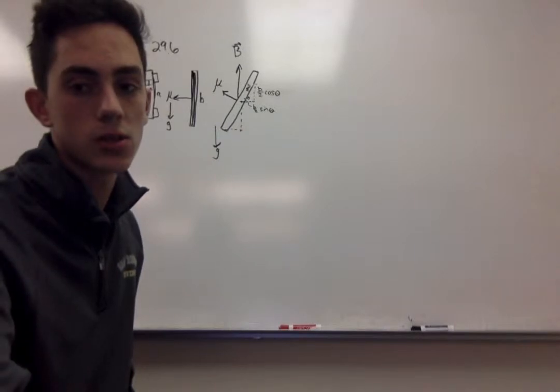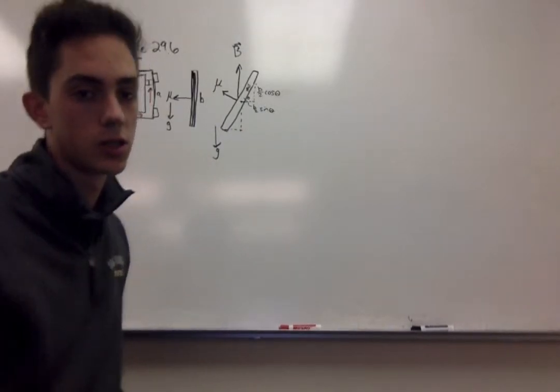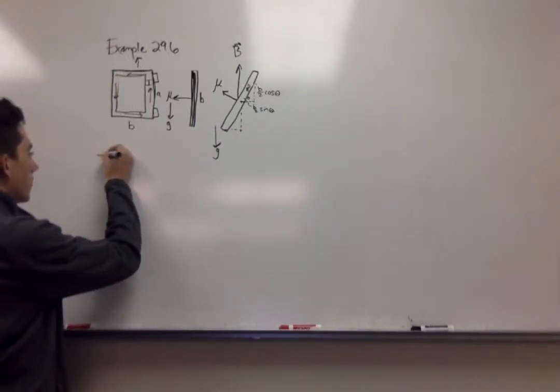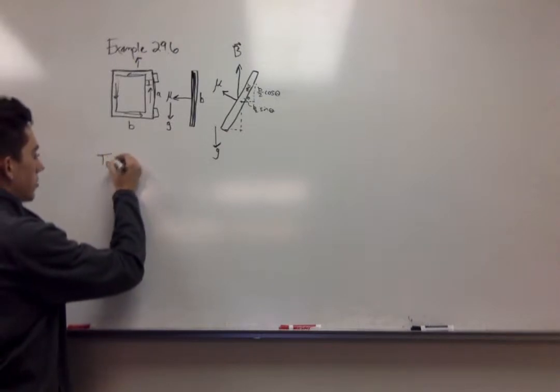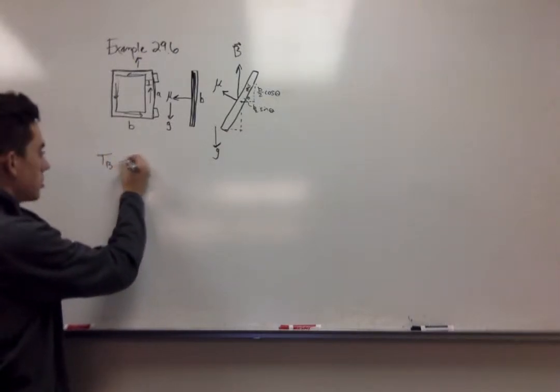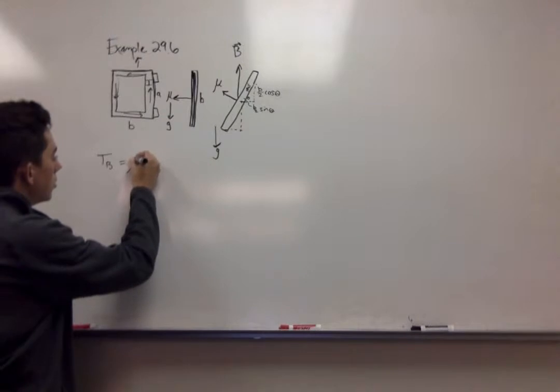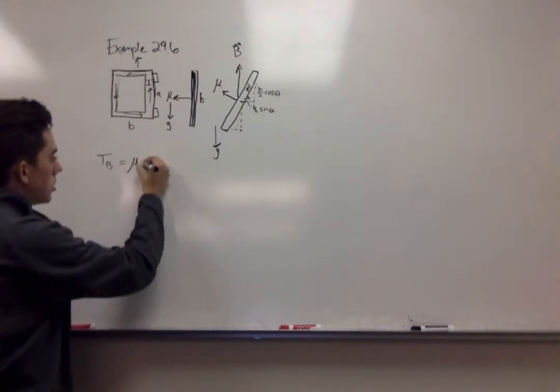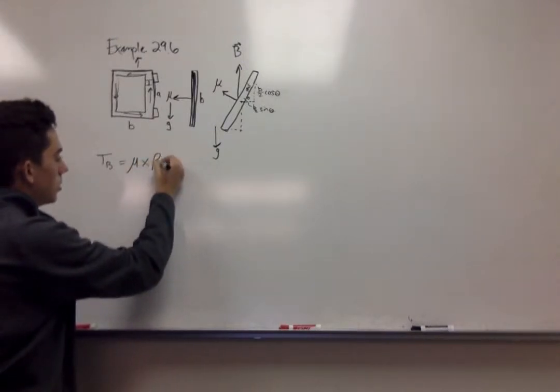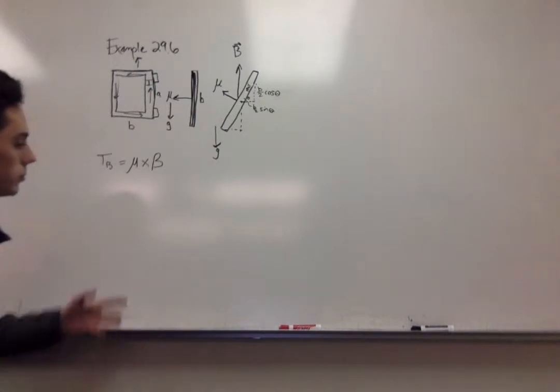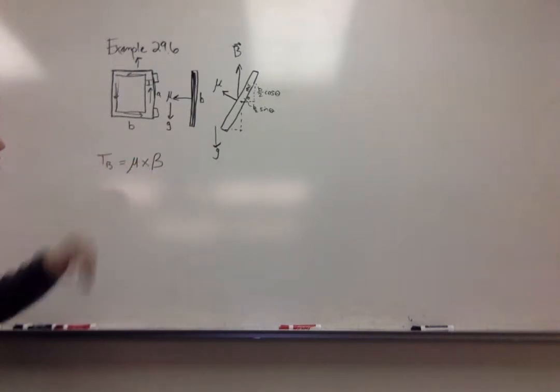So what we're first going to want to do is look at the torque of the electric field, which is equal to mu, the resultant force, times the magnetic field.